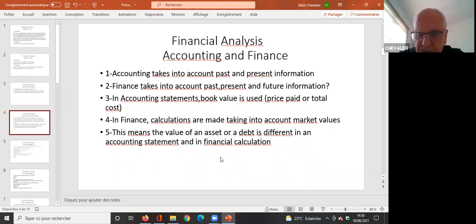So we are using book values, and book values can also be total costs. Total cost, for example, and we'll come back in detail on that, when we estimate the value of the inventories, we have several cases of interest. The first one is, of course, if you are, let's say, a producer of chocolate.